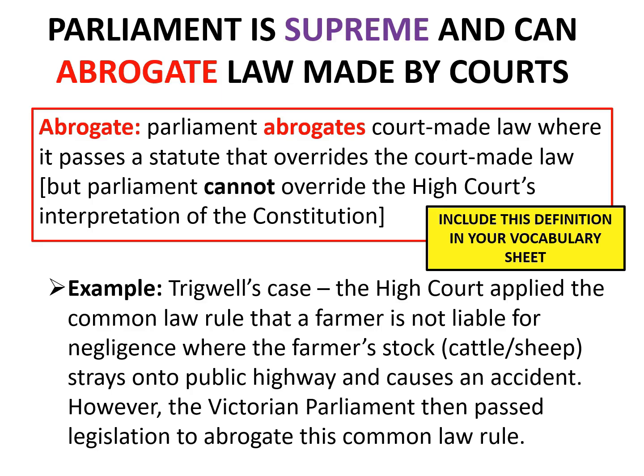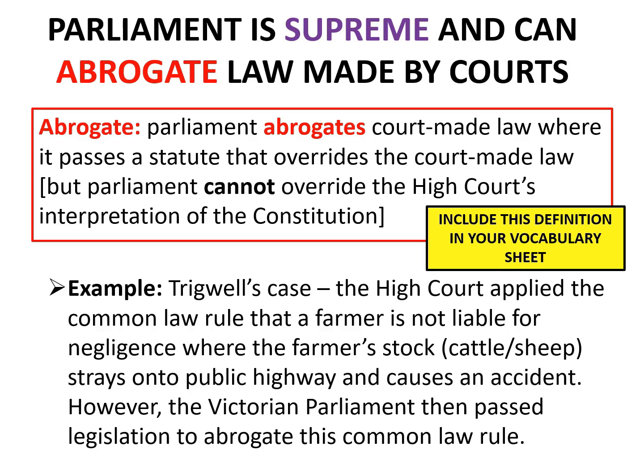Well, after the Trigwell case was decided, the Victorian Parliament abrogated this common law rule by passing a statute that amended the Victorian Wrongs Act to state that this common law rule no longer applied in Victoria. That is, to provide that farmers could be liable in negligence for damage caused by their stock straying onto the public highway.